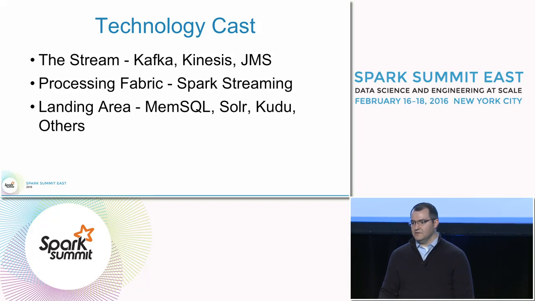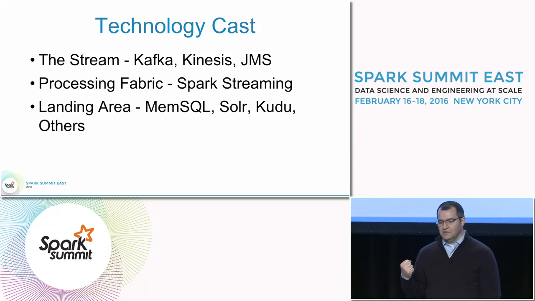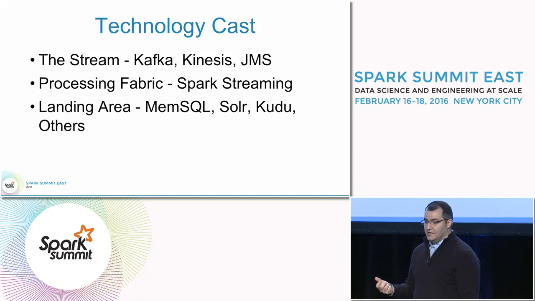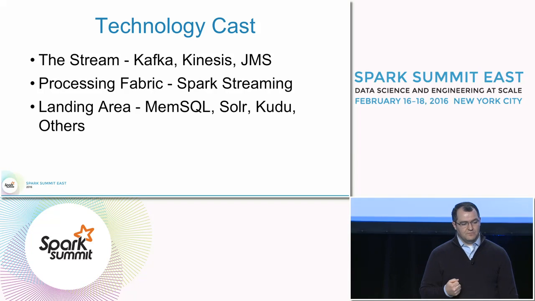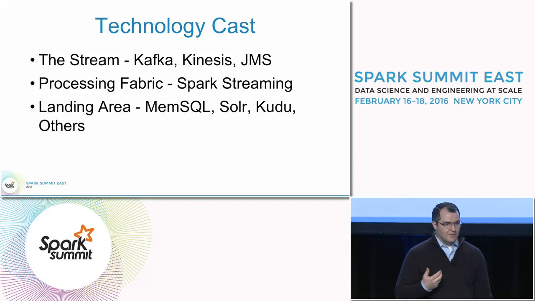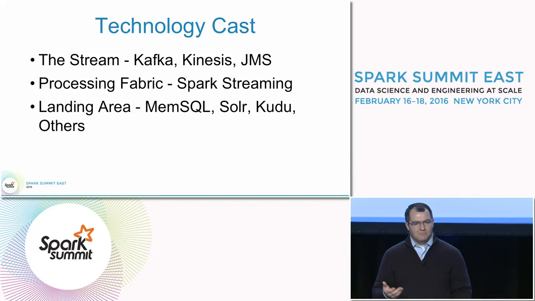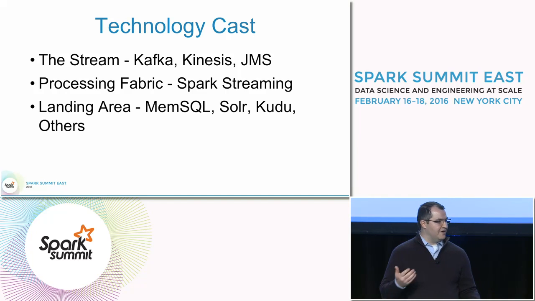Processing fabric. So what we have started to do is incorporate Spark Streaming as a processing fabric for our stream processing engine. And then a landing area. And so landing areas can take many different shapes and forms. For Zoom Data, we need something that we can do interactive query on.